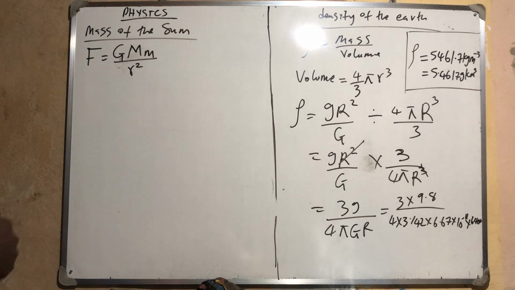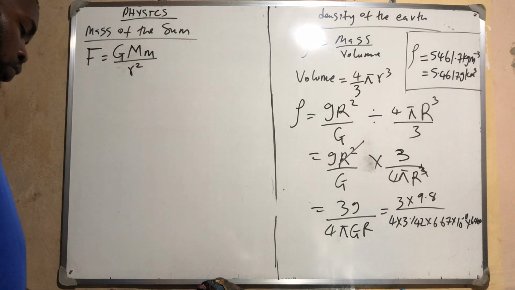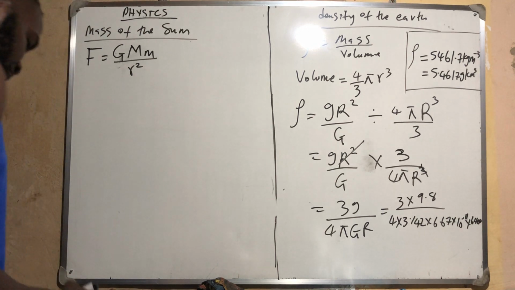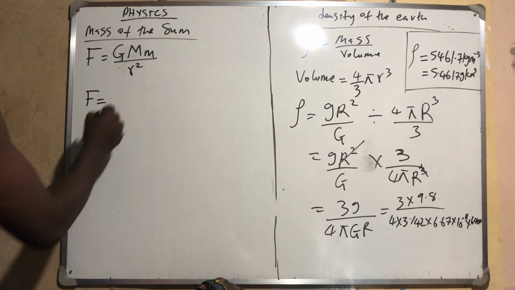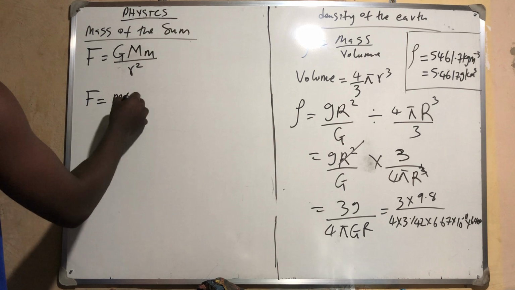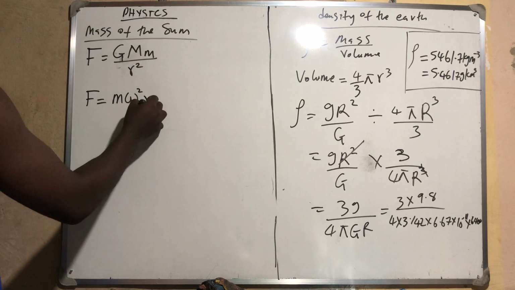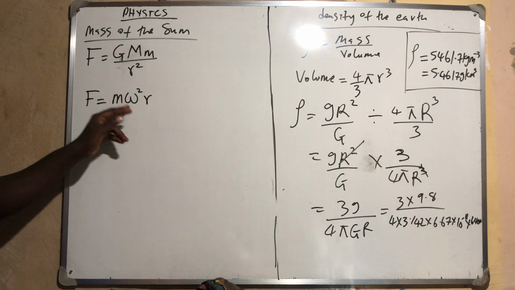In calculating the mass of the sun, the force of attraction is equal to the centripetal force. Don't forget that centripetal force is given by m omega squared r, where omega is called the angular velocity.